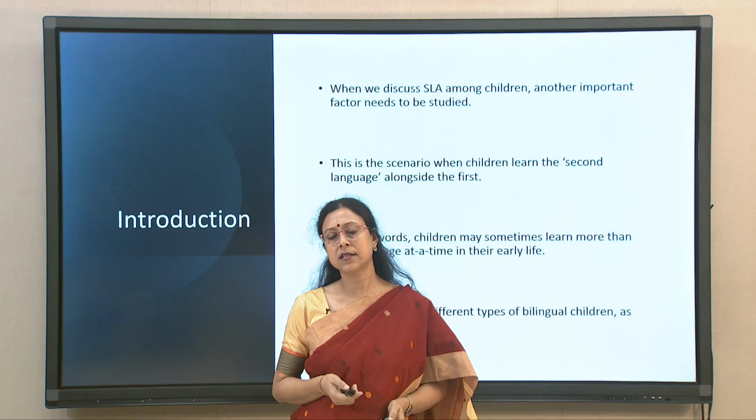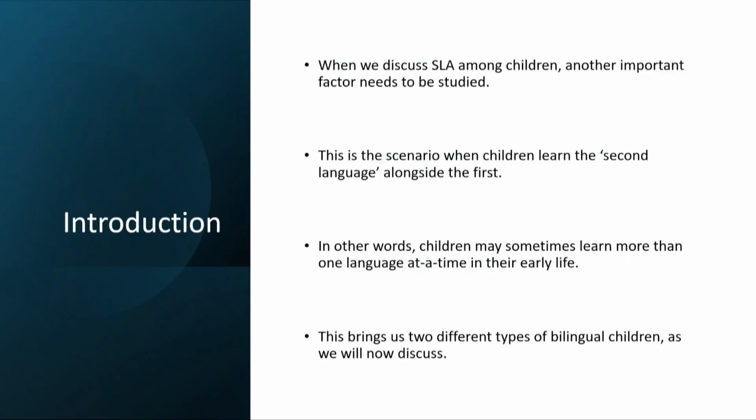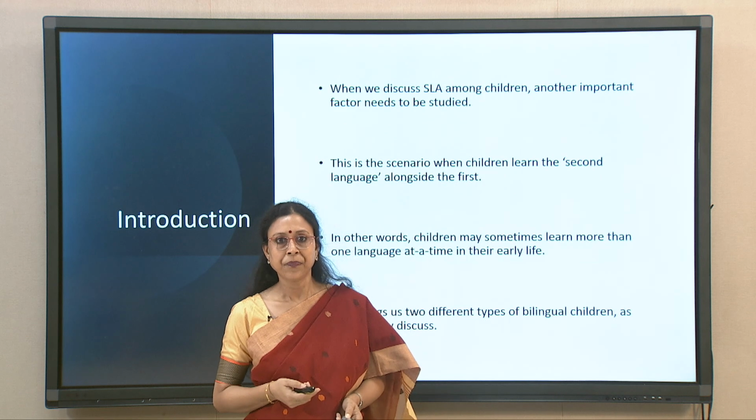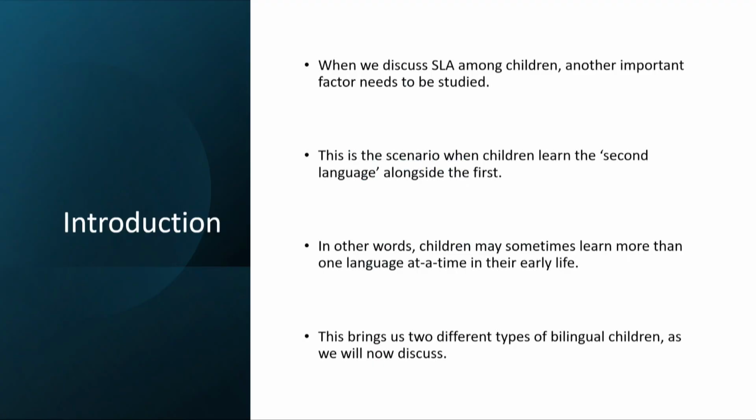When we discuss second language acquisition among children, another important factor needs to be studied, which is the fact that there are two kinds of language acquisition with respect to SLA if we are looking at childhood. This is the scenario where children learn the second language alongside the first.